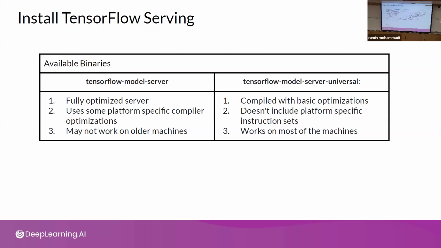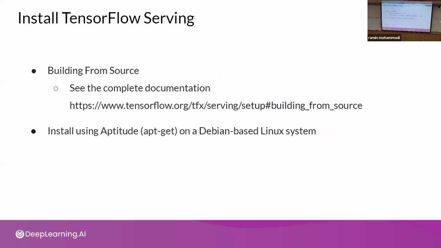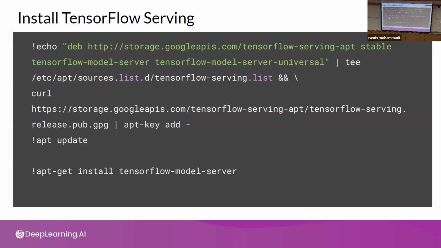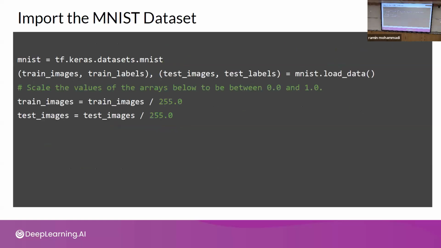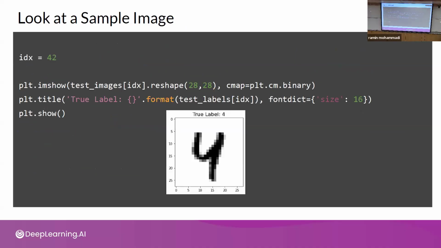What exactly are these binaries? They're binaries for loading your model and providing an API to make a call and get the result back from your model. We'll skim through this example. You install the TensorFlow model server, and this is a dataset.